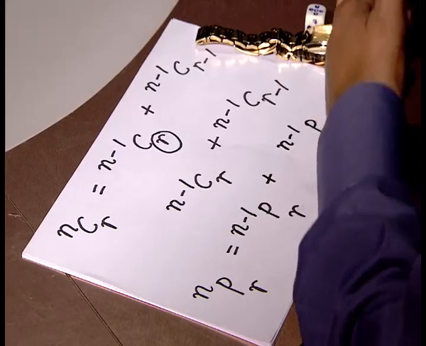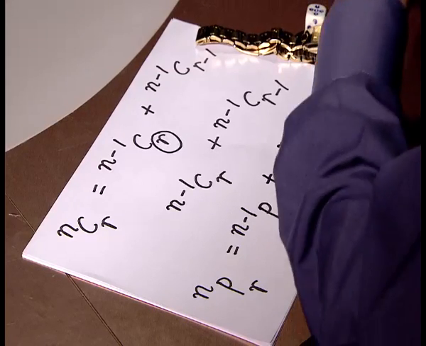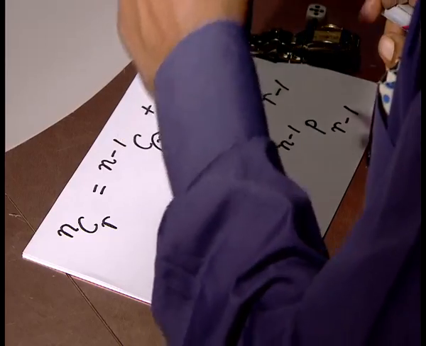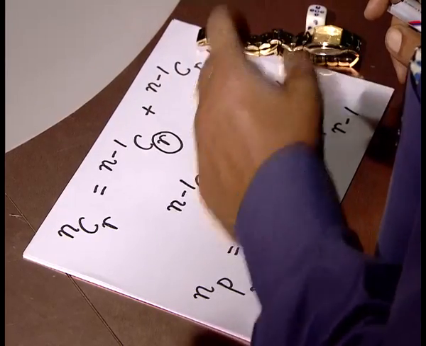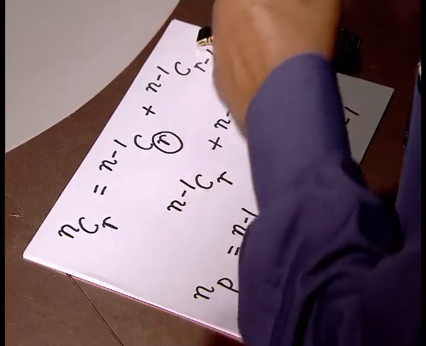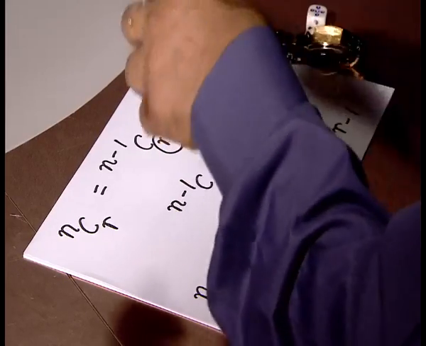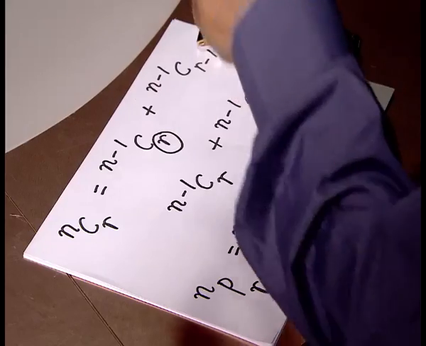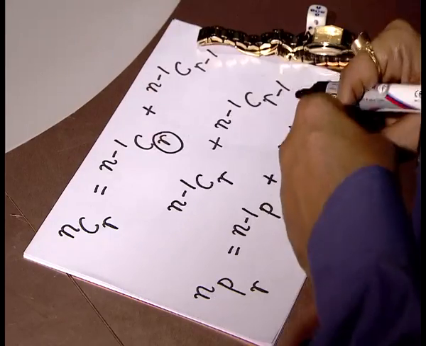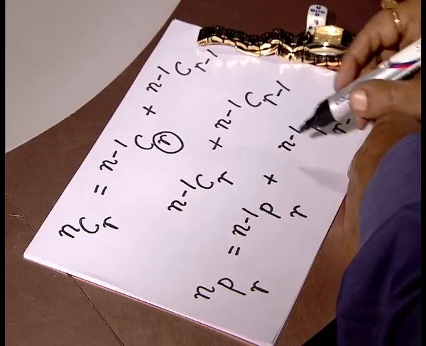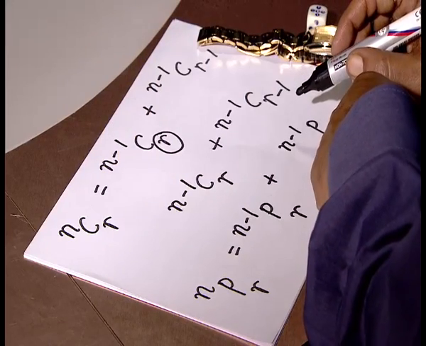Here your task does not complete just by way of selection. You have to make that one particular thing which you have selected to be arranged, and while arranging you will have to make r places, because there are r such things, and you place it in one of those r places, and by placing it in one of those r places, the remaining permutation would be n minus 1 P r minus 1.